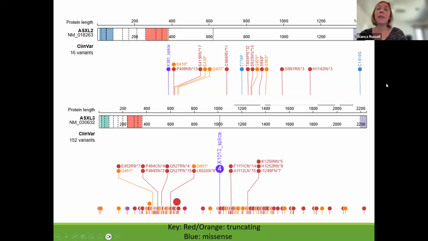So you can see for ASXL2, the lab has primarily called truncating variants as being disease causing, and again, only in the last two exons. And then for ASXL3, the picture is quite similar, where we see truncating variants being called likely pathogenic and pathogenic. There are some that have stretched outside of the last two exons.